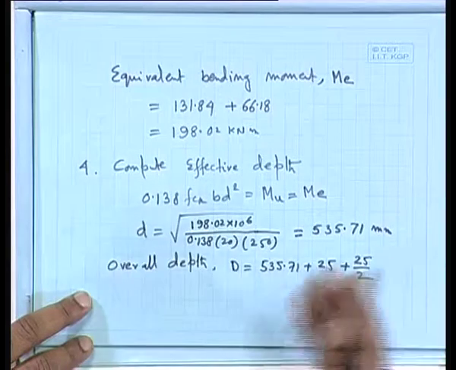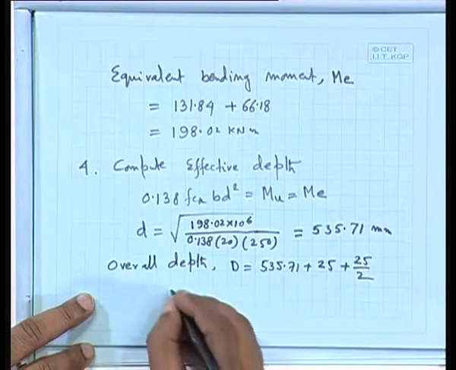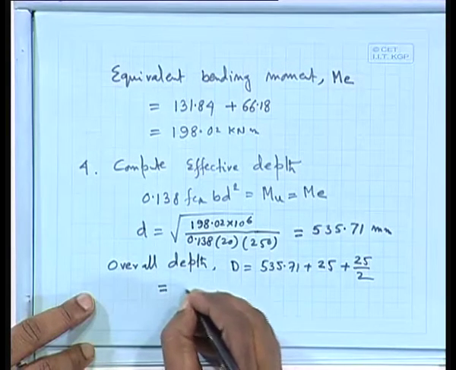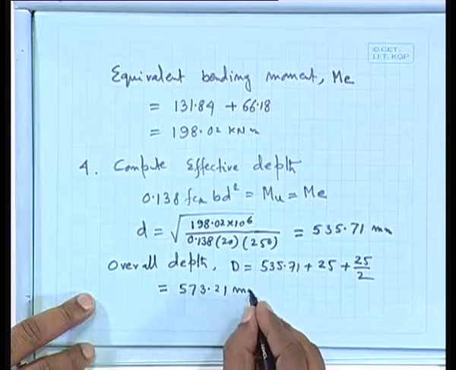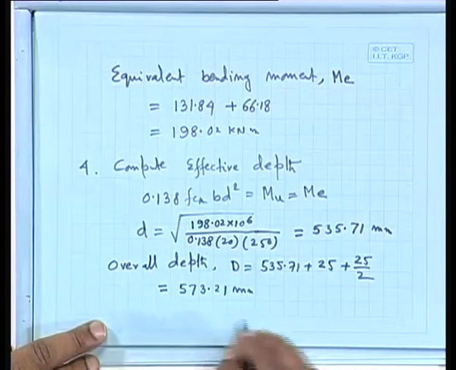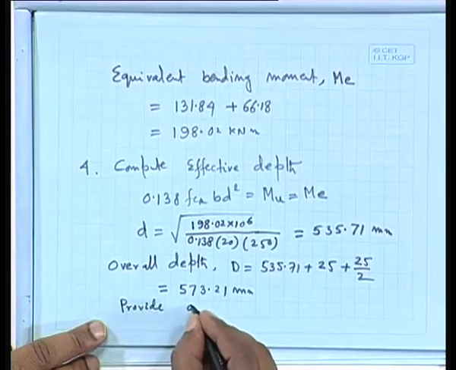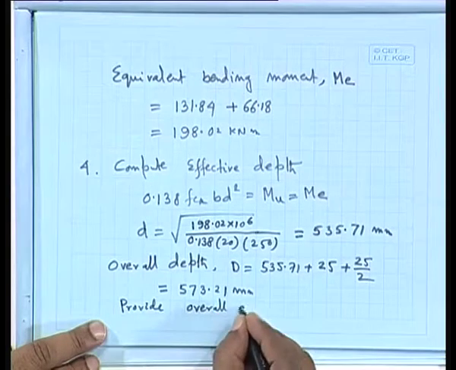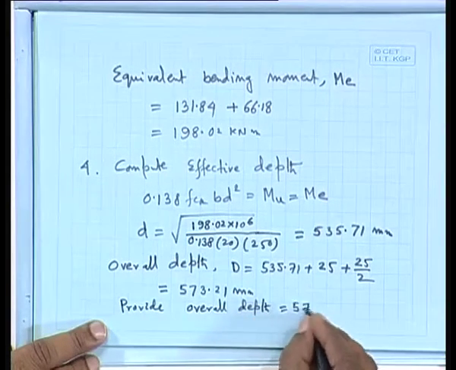So we are taking a little higher side, maybe 20 millimeter may be sufficient. So which is coming as 573.21 millimeter. So we can provide overall depth, say 575 millimeter.